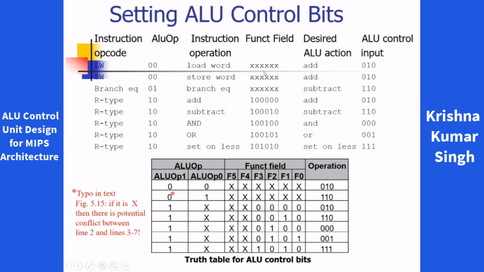The desired action that we are going to implement for load word and store word is addition. So for addition, the ALU control input should be 010.